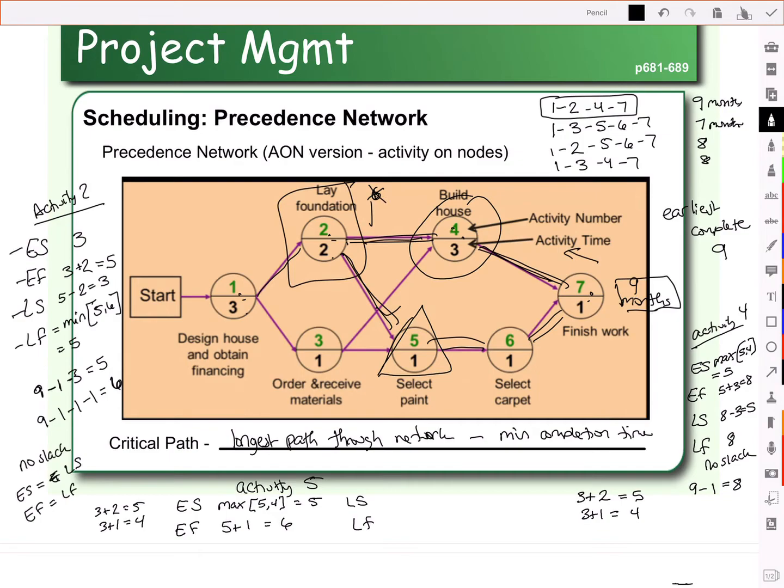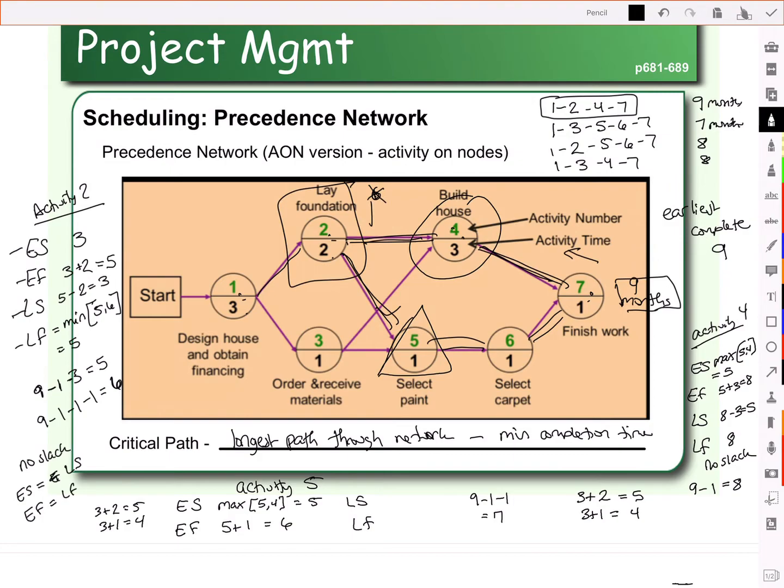So again, we're working backwards. If the latest we can finish is 9 months, we need to work back to figure out what happens after activity 5. And after activity 5 is 6 and 7. 7 takes 1 month, 6 takes 1 month, 9 minus 2 is 7. Do we need a min or a max here?